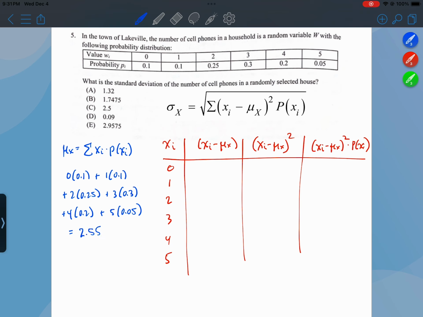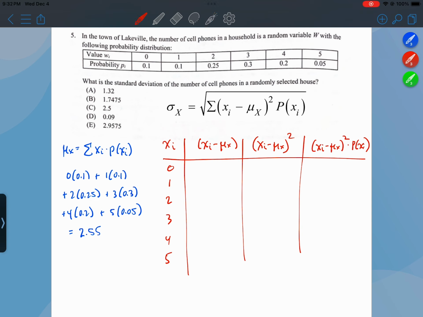Now, if you're not really interested in seeing this long calculation, you can fast forward the video to where I go over the shortcut. All right, but now that we have that, we're going to subtract this amount from each of these values.